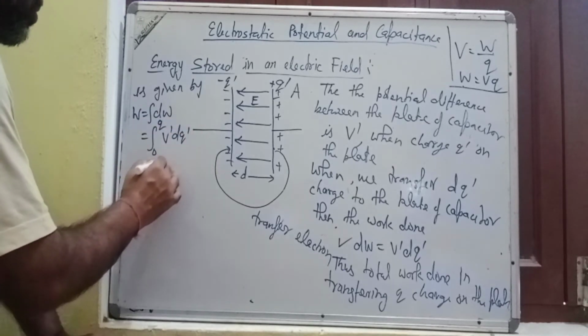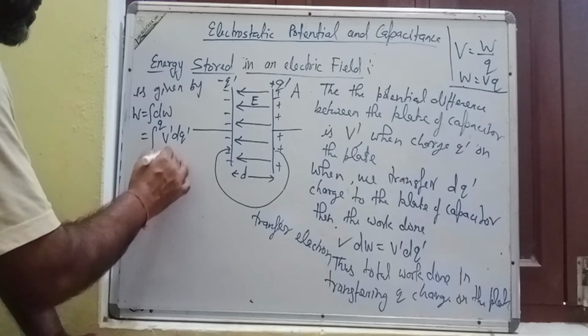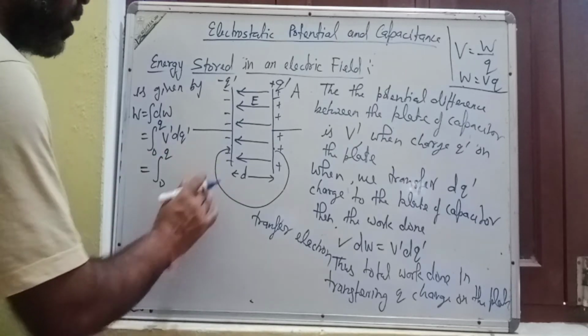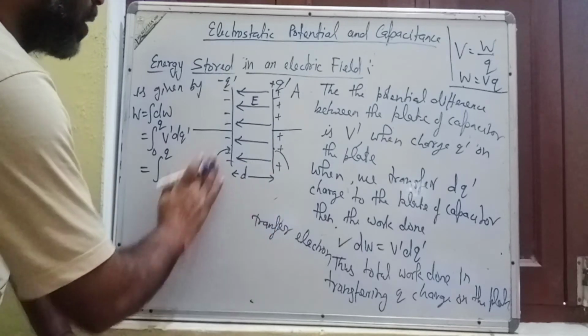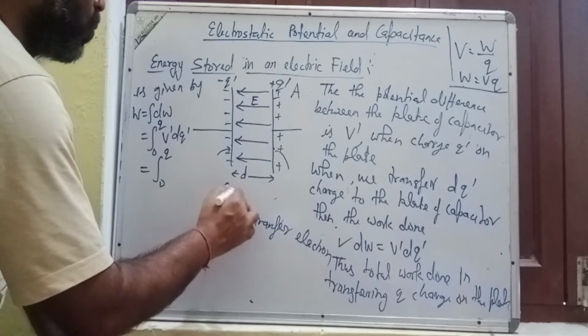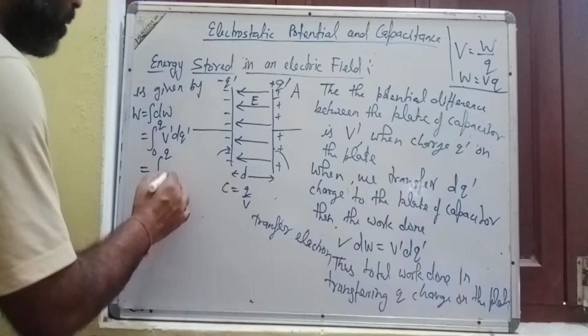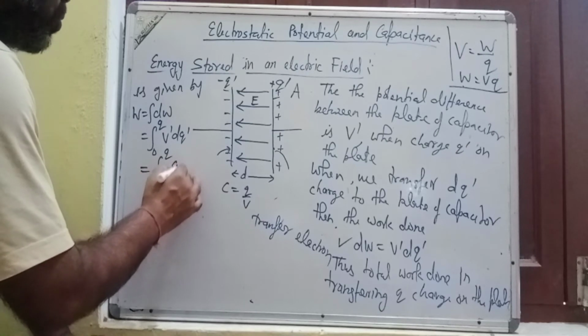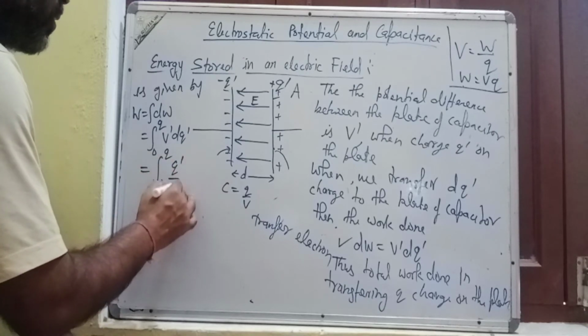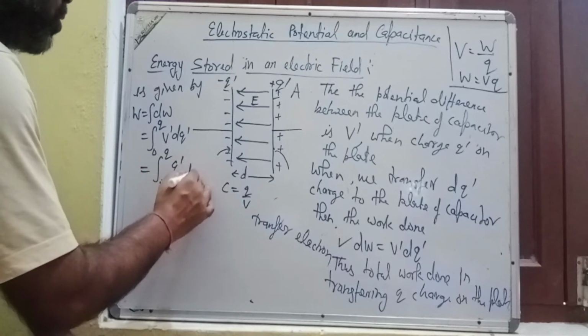Now this V dash can be written, using the formula C equal to Q by V, as V dash equal to q dash by C, into dq dash.